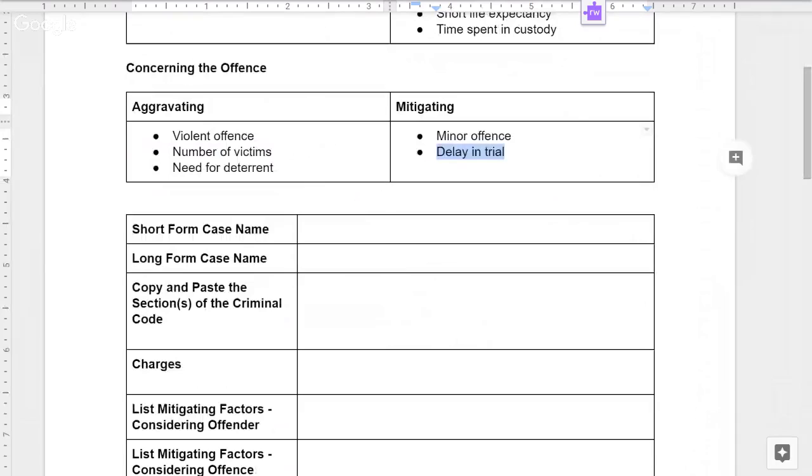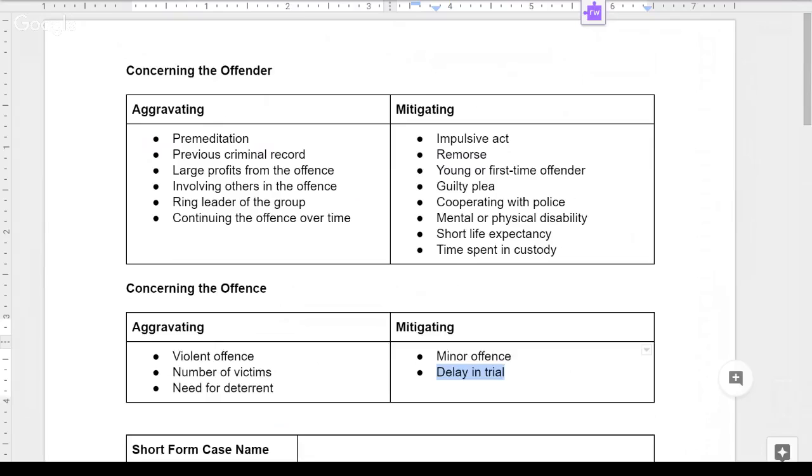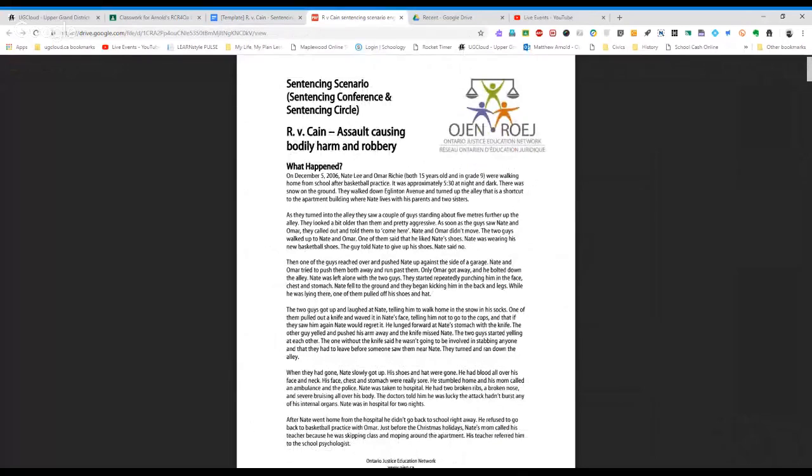Good. So the next part is a part that you have to fill in based on the case itself that we're going to look at. So if you open up the R.V. Kane sentencing scenario, you will have to read the what happened section.